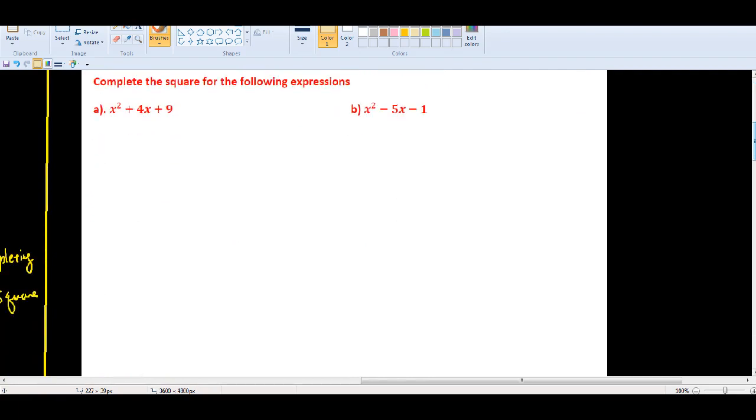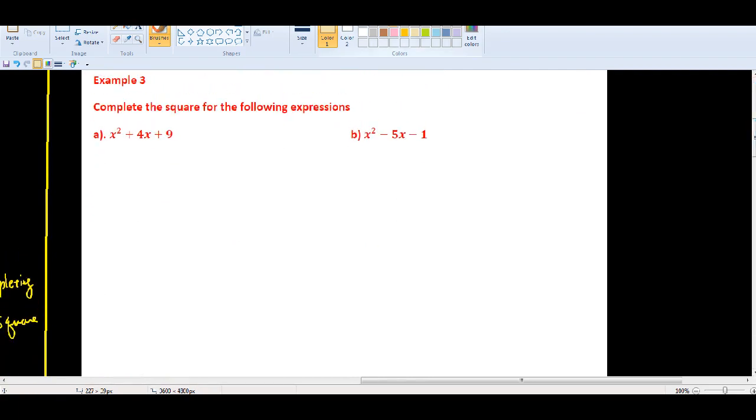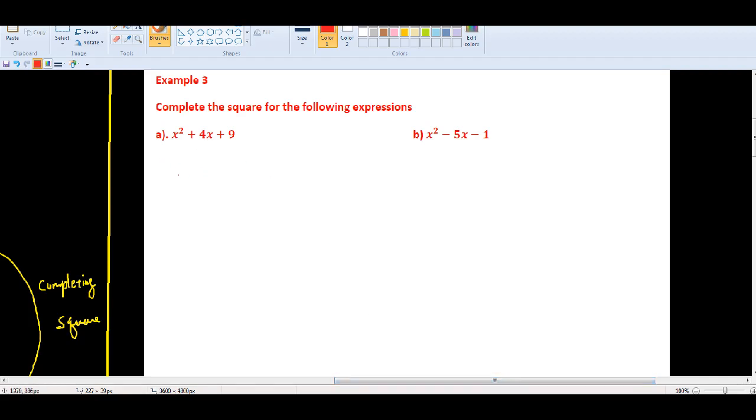Let me do this question. There are two demonstrations, and the first one will be an easier one. You need to complete the square. Remember the question is about completing the square. I copy the question, and just like before, I rewrite that x term into 2 times what?